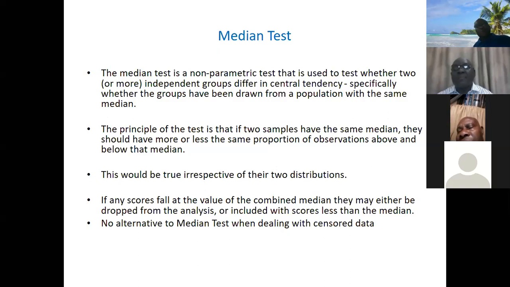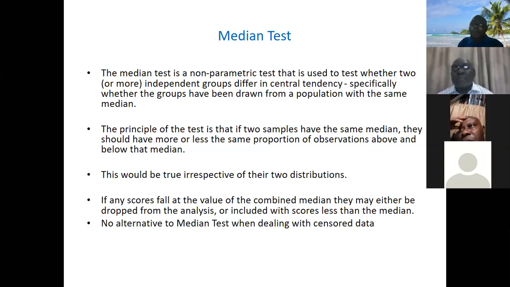So it's a non-parametric test used to test whether 2 or more groups differ. One thing about this one, why I take it last, is that it's not only for 2 independent groups. It can be for 2 or 3 or 4. And you know that for parametric, the t-test compares 2 groups and ANOVA compares more than 2 groups.